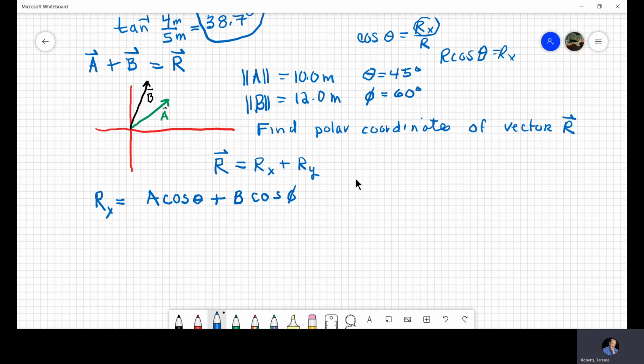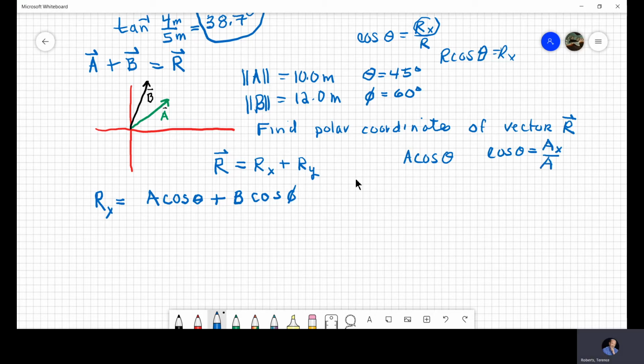So in this case, A cosine theta comes from cosine theta equals A of x divided by A. Sorry, this was backwards.